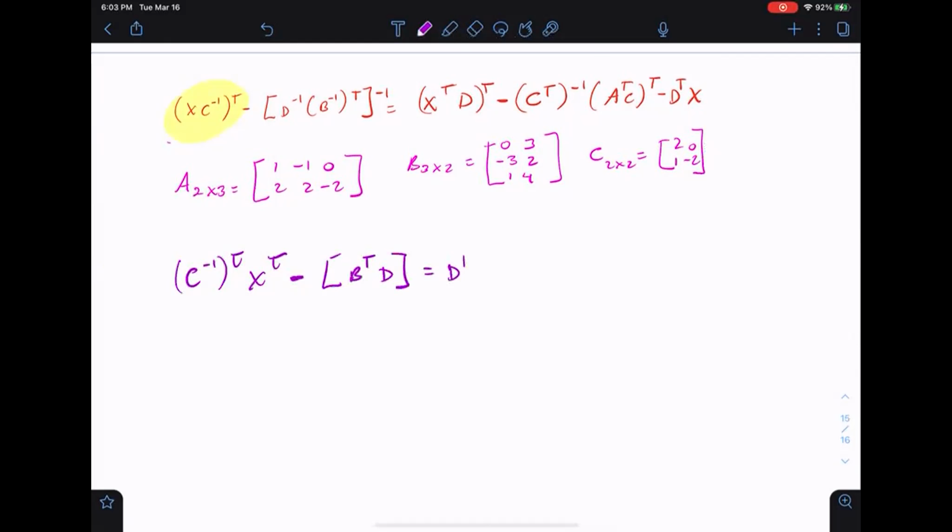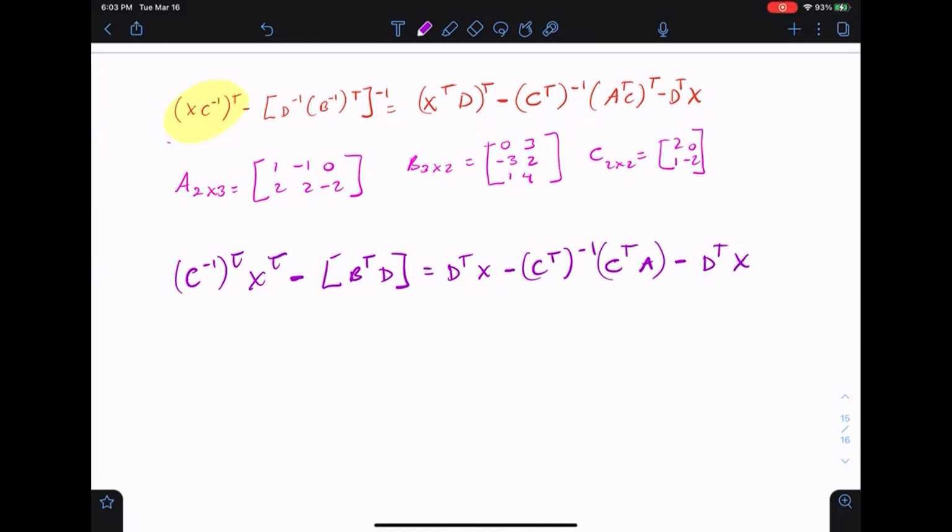So this is D transpose X, right? Because transpose gives you the same matrix X. Now you have C transpose to the -1. And then you have C transpose, A transpose, that's just A, and minus D transpose X.